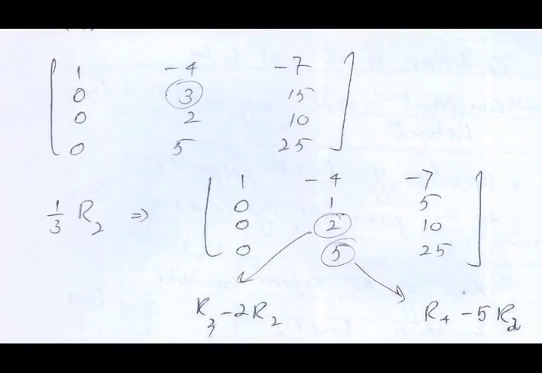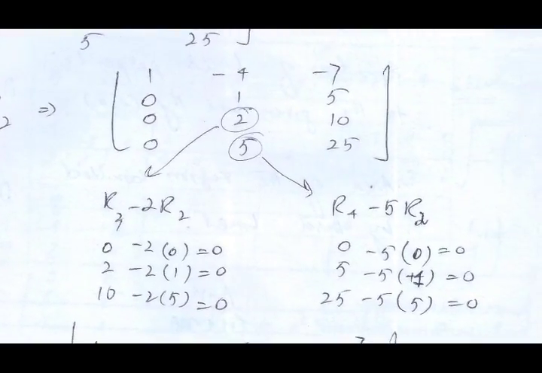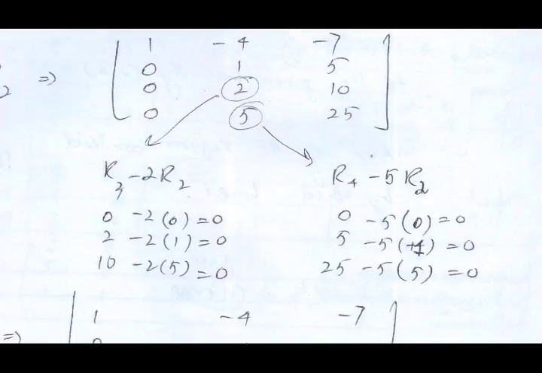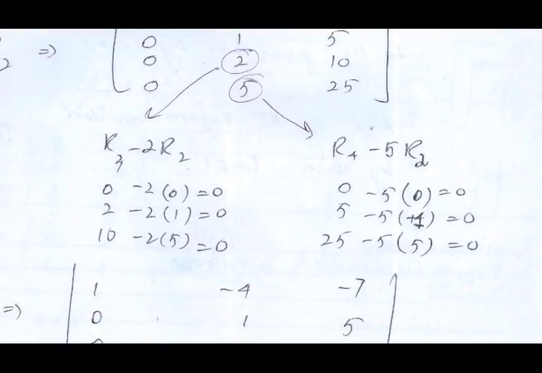We multiply by 1/3 and we get 1 and 5 in the second row, and then we make 2 and 5 equal to 0: R3 minus 2 R2, because in R2 we have 1, and for 5, R4 minus 5 R2. Again we get all values equal to 0.